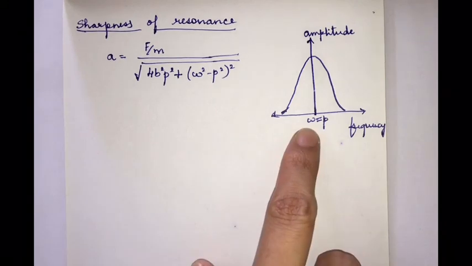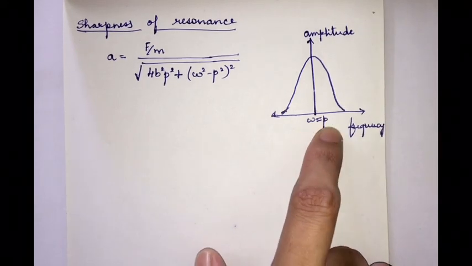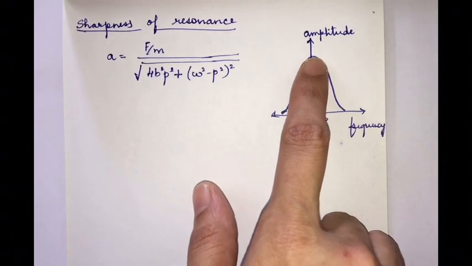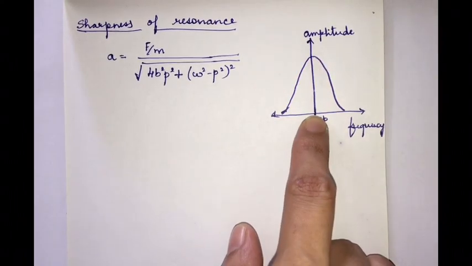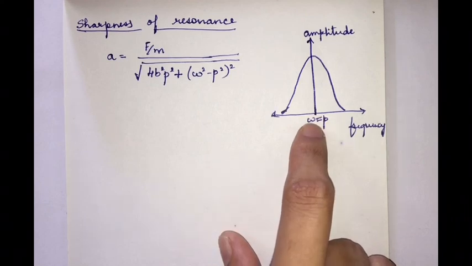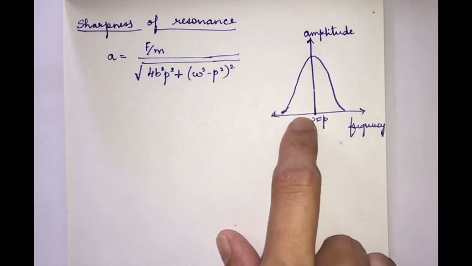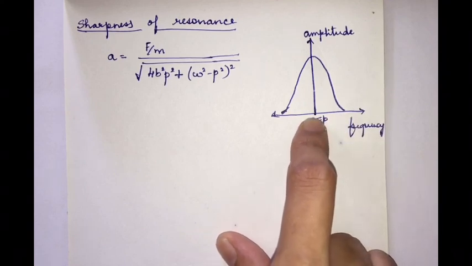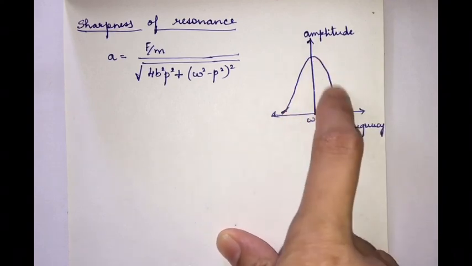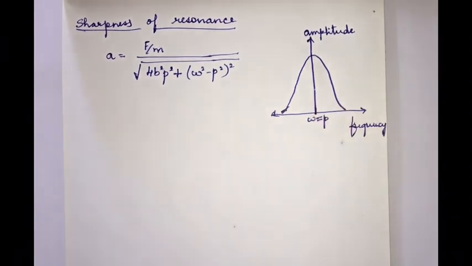You can see in the graph here, when omega becomes equal to p, the body vibrates with maximum amplitude. As you deviate away from the natural frequency, that is, if you reduce or increase the applied frequency relative to the natural frequency of the body, the amplitude steeply decreases.